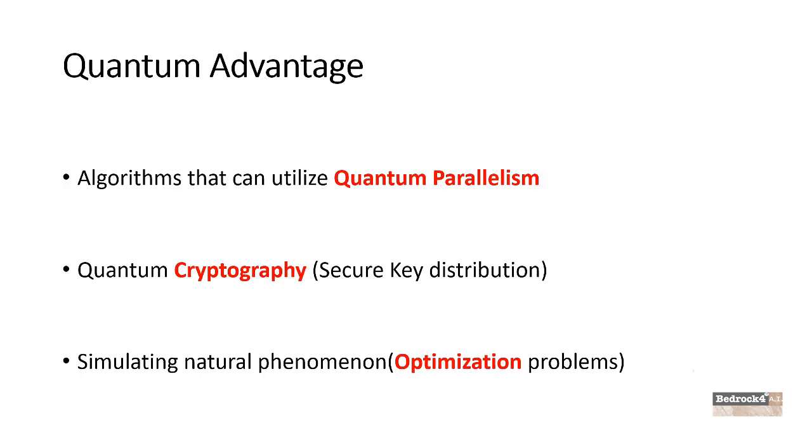Quantum parallelism is a fundamental concept in quantum computing that allows quantum computers to perform multiple computations simultaneously. Using quantum superposition, it is possible to apply a function to all possible states of the n qubits at once.